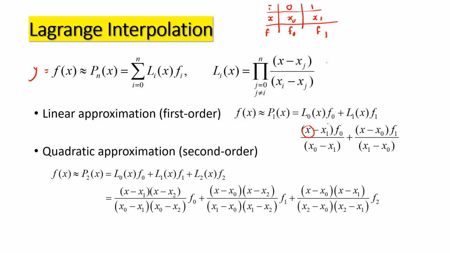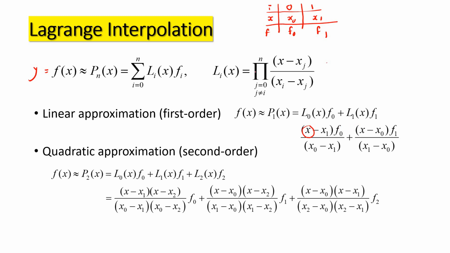This is for linear approximation, where you get a straight line. If you want to get the polynomial, then you cannot plug in the x. You expand and simplify, and you will get a polynomial of degree 1, which is linear. But if you want to estimate the y value, then you can straight away plug in the x here.